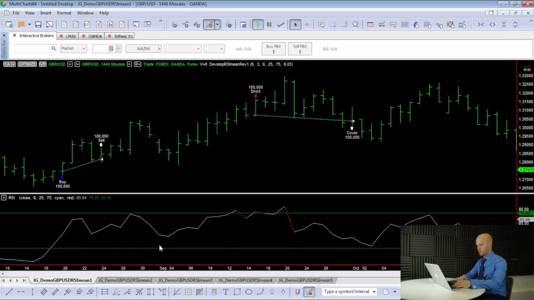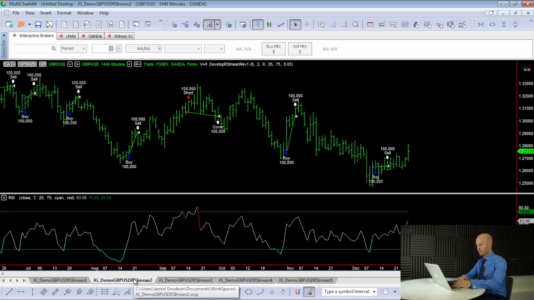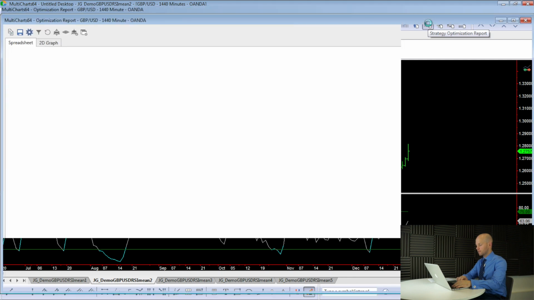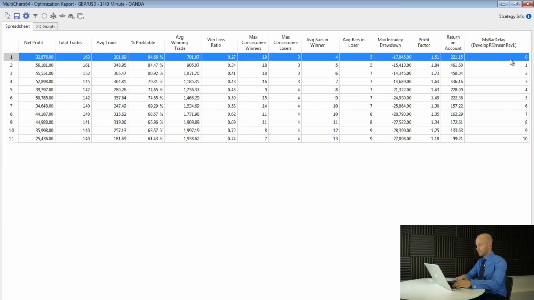The next thing I want to optimize is the day delay for the exit. Using an RSI length of 6, I've optimized the day delay between 0, no delay, through to 10 days delay. I didn't want to go any more than that because the idea of the bailout, or the first profitable close exit, is a quick exit as soon as we're in profit.